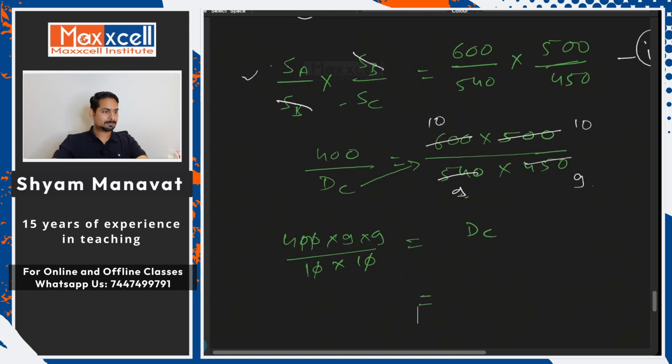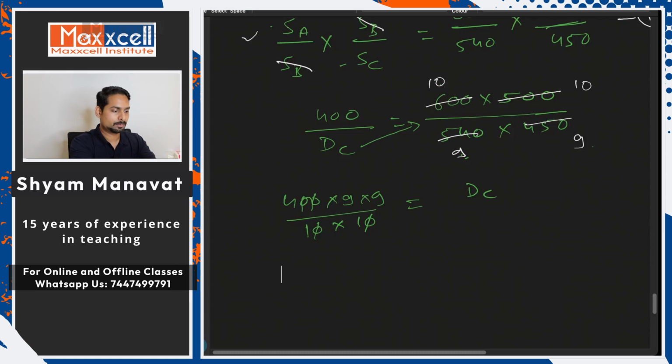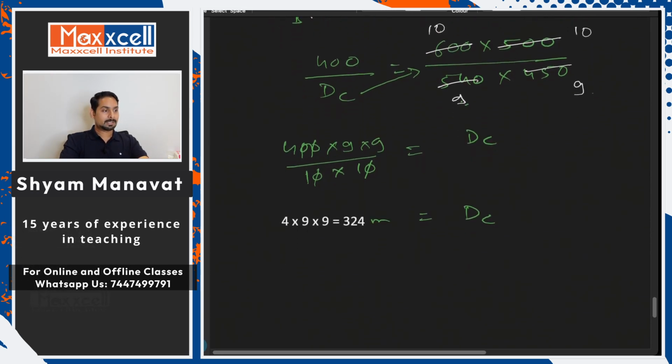So let's see what is the distance covered by C. You got 4 into 9 into 9, that is 324 meters. That is the distance covered by C. Is that the answer? No. The question is, in a race of 400 meters, by what distance will A beat C?